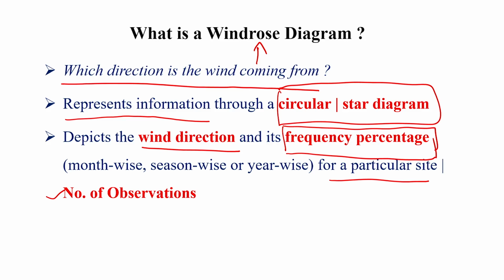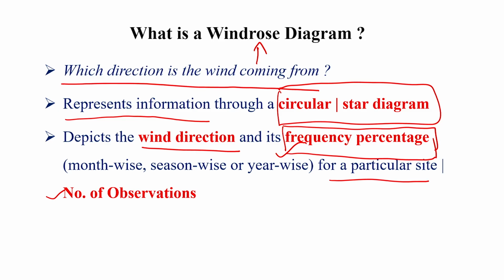Like I said, direction, duration and speed. The duration part, we understand with the help of this frequency percentage. So, there is a way in which we calculate the frequency, or the amount of time this particular wind is blowing in a particular direction. So, the duration part, with the help of frequency percentage we will do it.